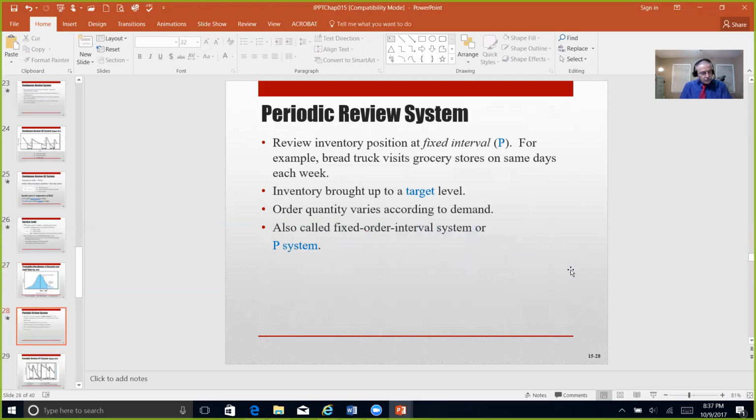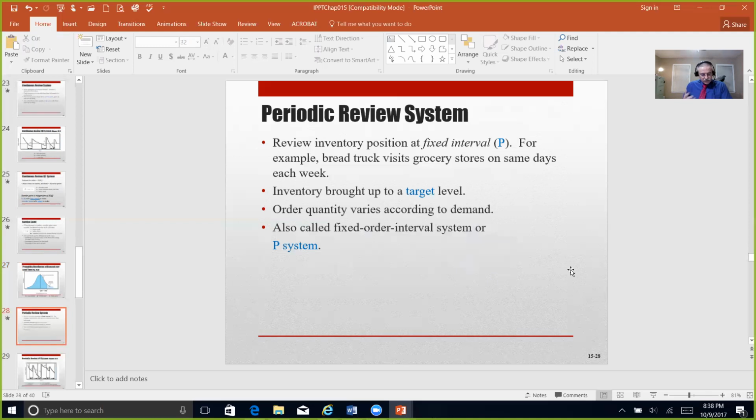Moving on to page 386, we go into this concept called the periodic review system, which is also known as the fixed order interval system, or the fixed order period system, or the P as in Papa system, where the target level is set to cover the demand until the next periodic review plus the delivery time. This P system is somewhat different than the Q system in several ways.